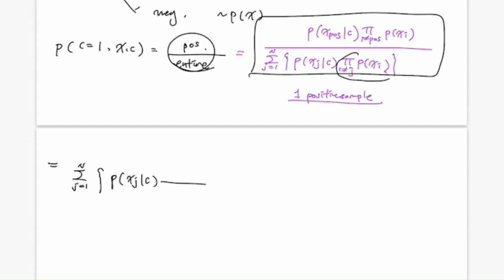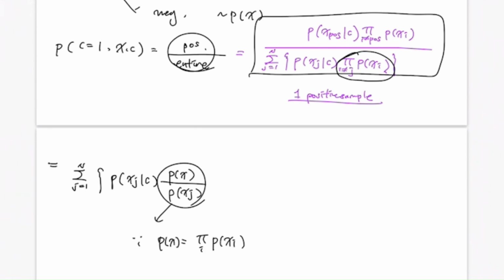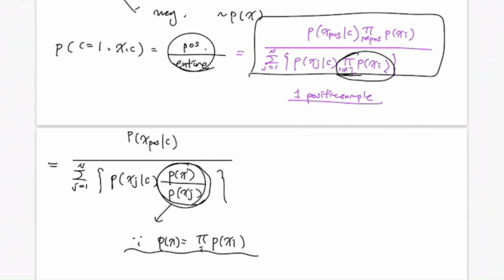Since this, we can write this as just p(x) over p(x_j), because we think that p(x) is just the factorial of each x_i. So we can multiply like this, and we can write this for i not equal to j like this.